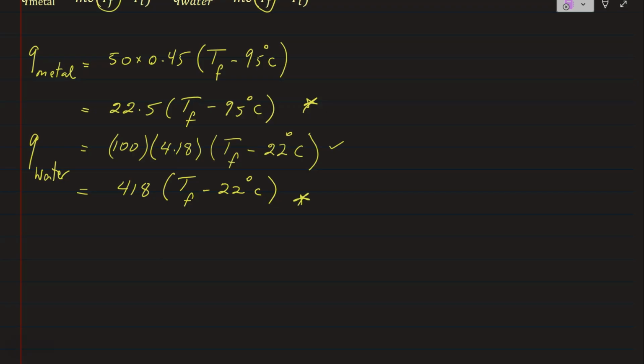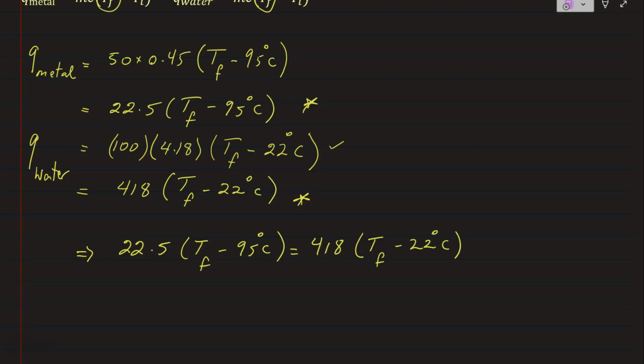These two equations have to be equal to each other, that's what it is according to the law. So let's set it up. We have 22.5 times (T final minus 95 degrees Celsius) equals 418 times (T final minus 22 degrees Celsius).